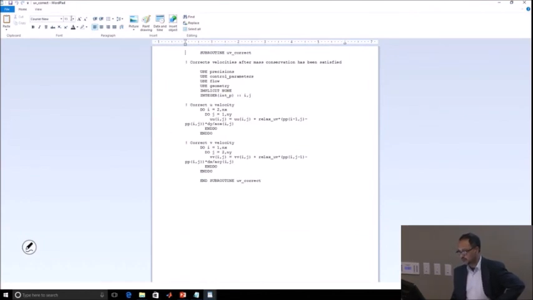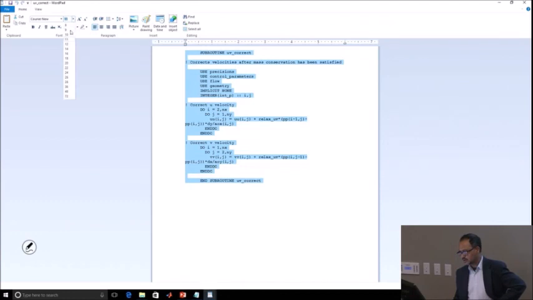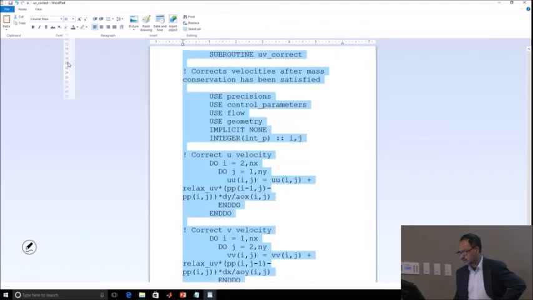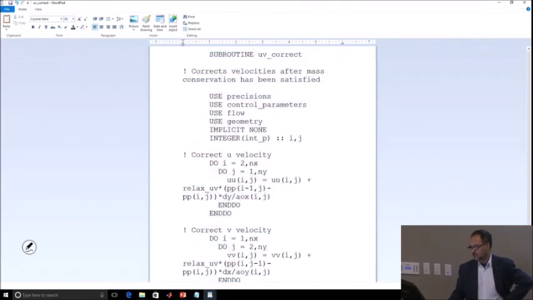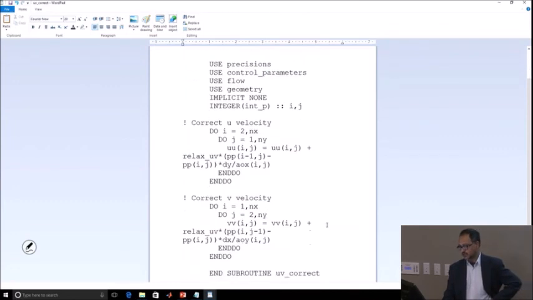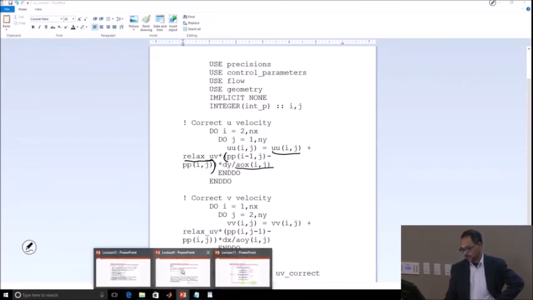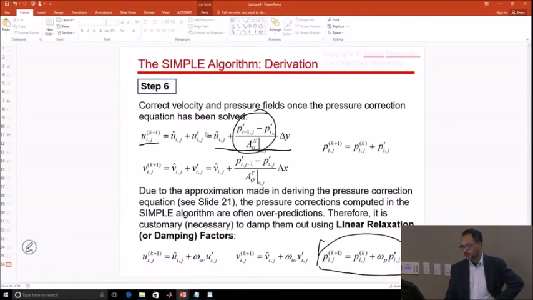I know it's difficult to read. Yeah, so that's all this is doing. You can see I'm simply taking the velocity right there, and then the relaxation of the pressure, the difference in pressure corrections divided by the diagonal, which is essentially this formula right here.